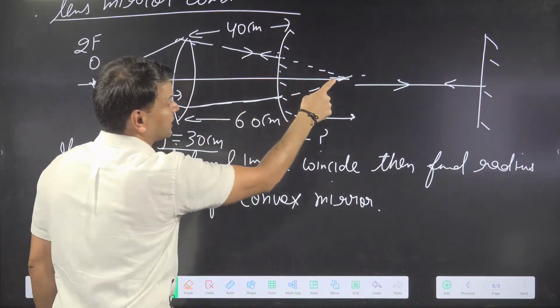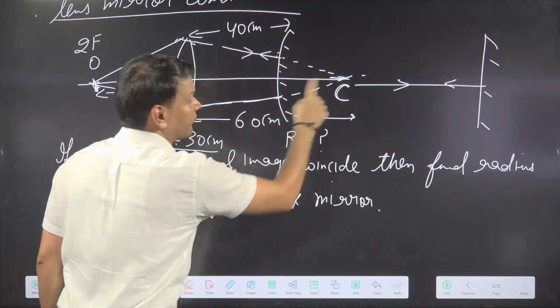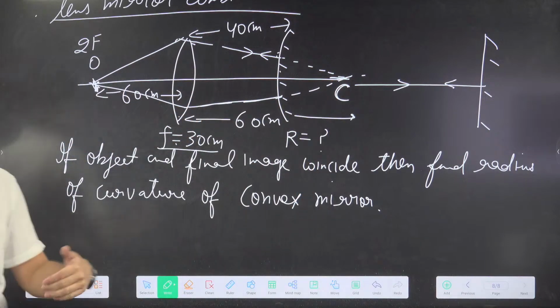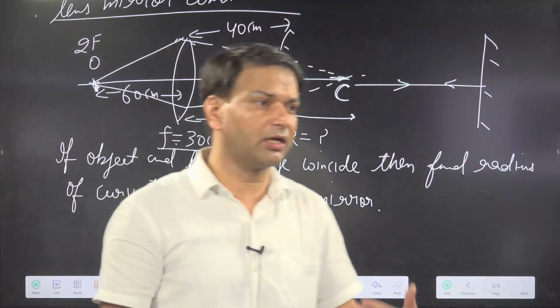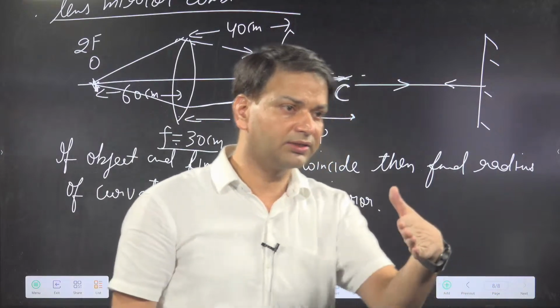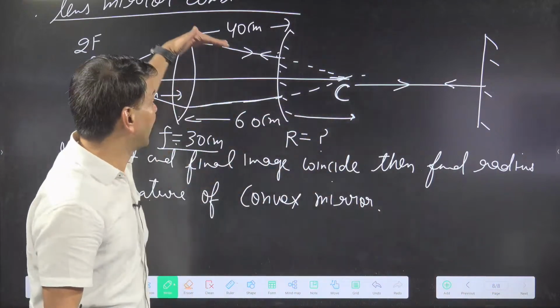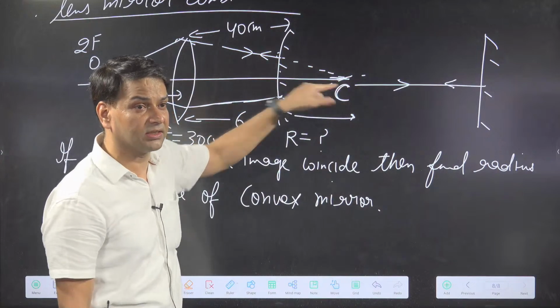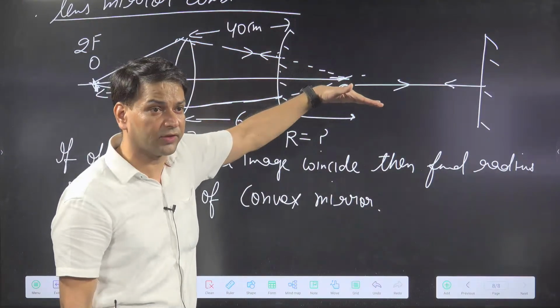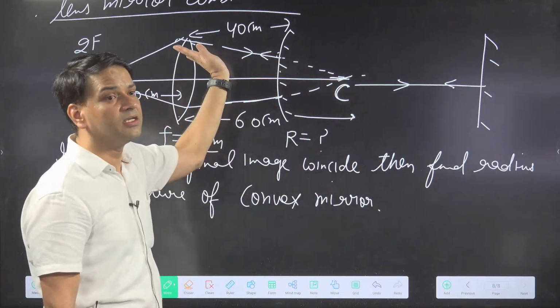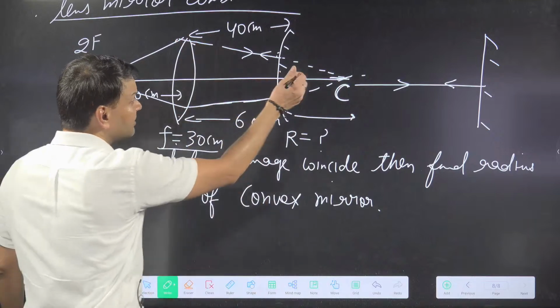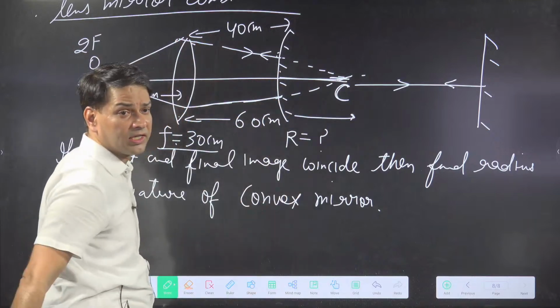Normal incidence means this point must be the center of curvature of the mirror. Why? In the case of a spherical mirror, the normal is the line passing through the center of curvature. So the light ray has to go towards the center of curvature, then it will go back along the same path. So this point is the center of curvature.